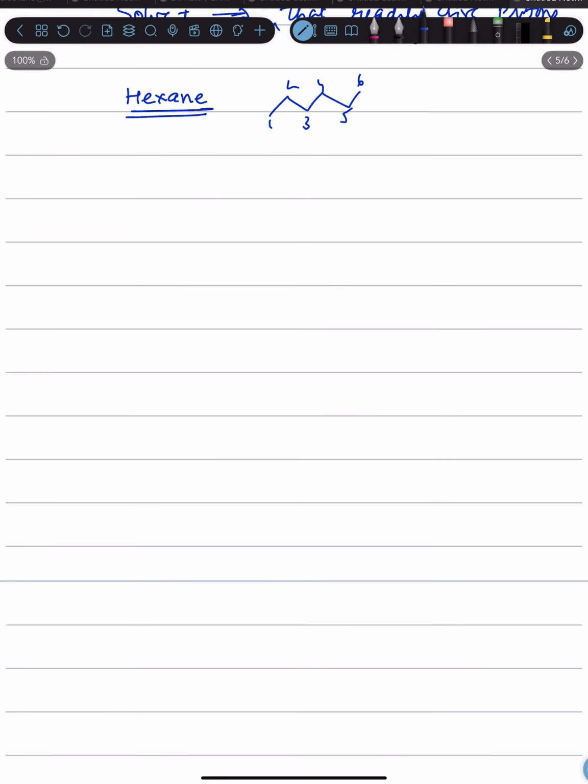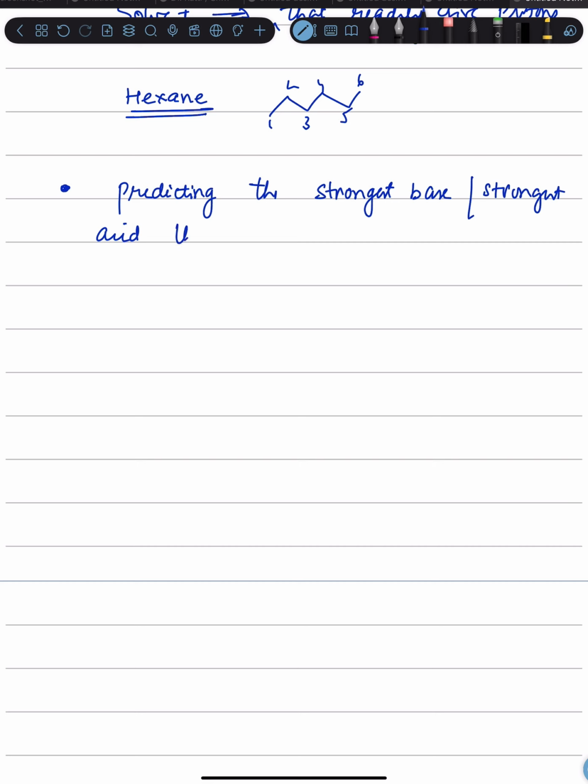So in a nutshell, what we can say is that the leveling effect helps us in predicting the strongest base or strongest acid that can be used in a particular solvent.